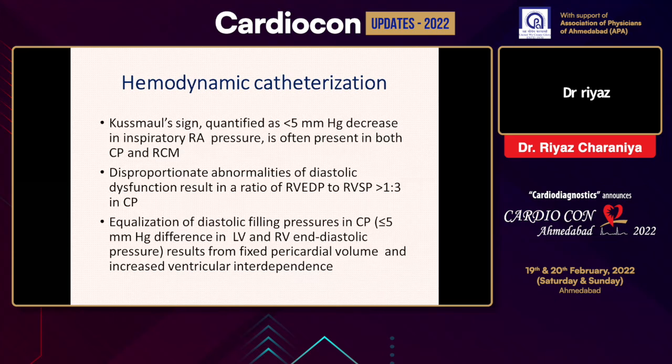Equalization of diastolic pressures results from the fixed pericardial volume and increased interventricular dependence. So this equalization of pressure, with a difference of less than 3, will be found in constrictive pericarditis, while LVEDP will be more than RVEDP by more than 4 or 5 mmHg in restrictive cardiomyopathy.